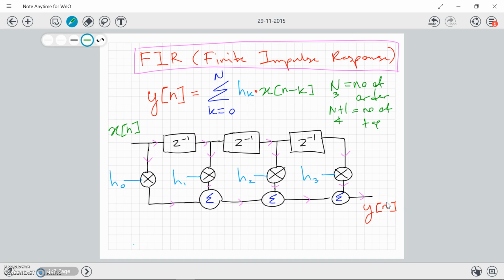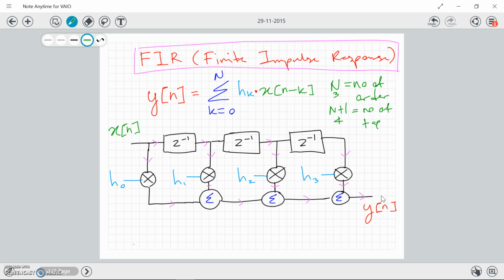Then you repeat again until all the inputs pass through this filter. The filter is not going to move, only the input moves from one delay to another until all of them flush out.